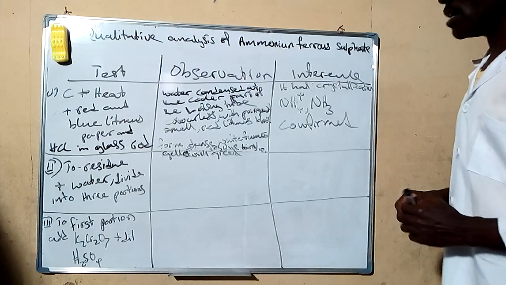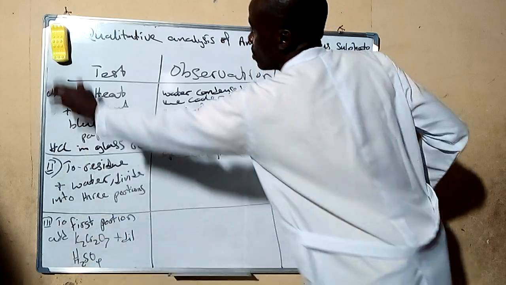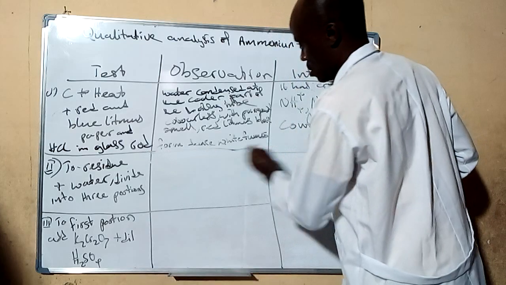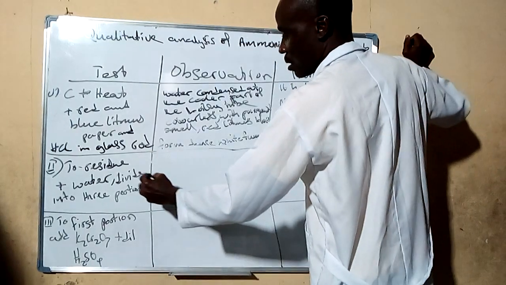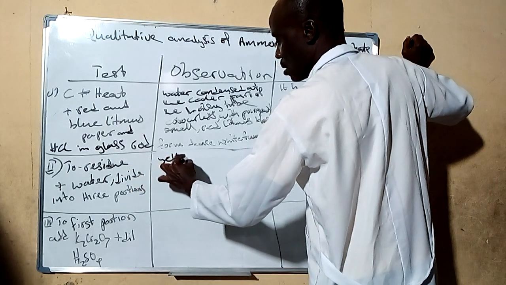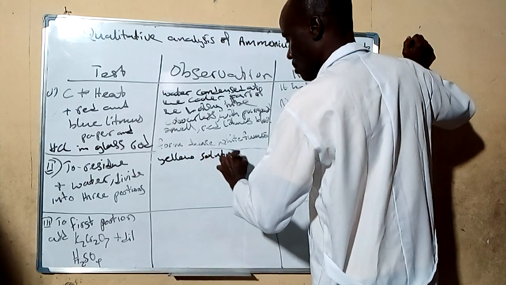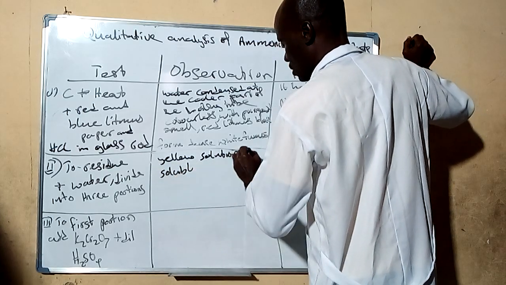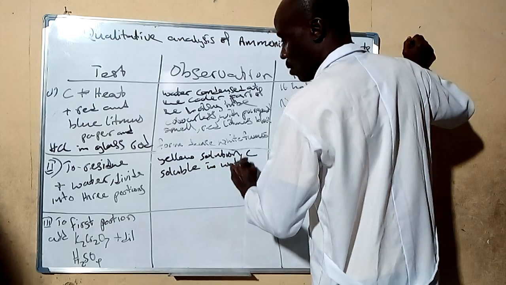The next test is the residue plus water. When you add water to the residue, you notice a yellowish solution that is soluble. That means C is soluble in water.